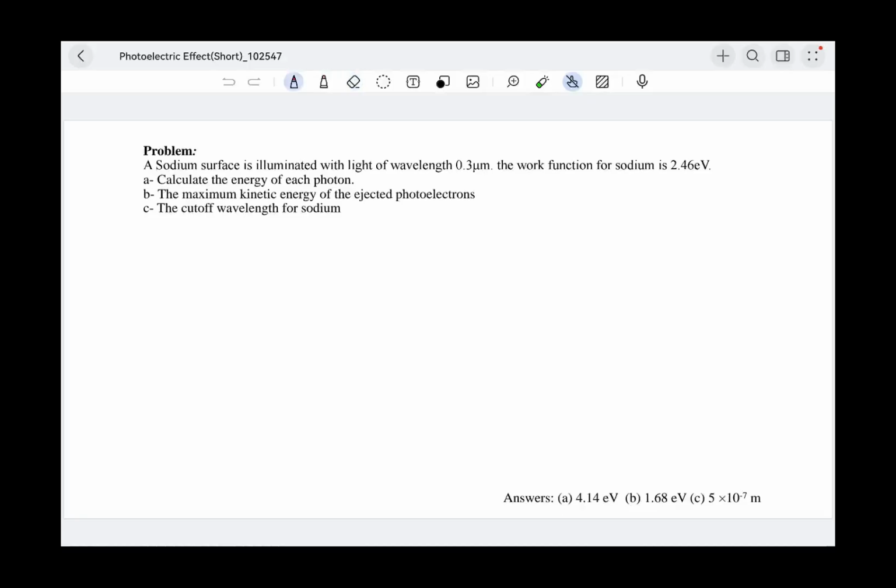Let's do some numerical problems based on what we have discussed so far. Before that, let's write the formulas. First start with the photon, then metal, then photoelectron, last one Einstein's equation.